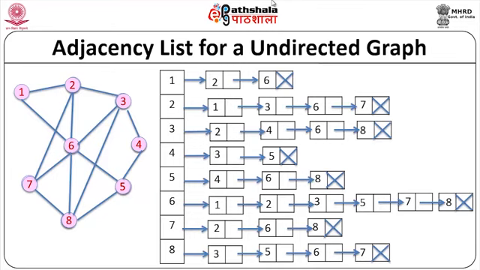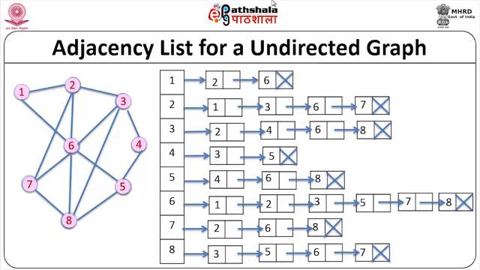Normally you try to put it in order. 7 has 2, 6 and 8, and 8 has 3, 5, 6 and 7. So, that is the adjacency list for an undirected graph.